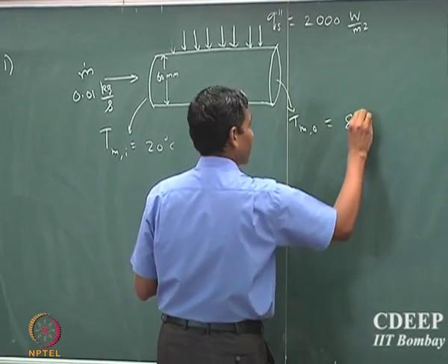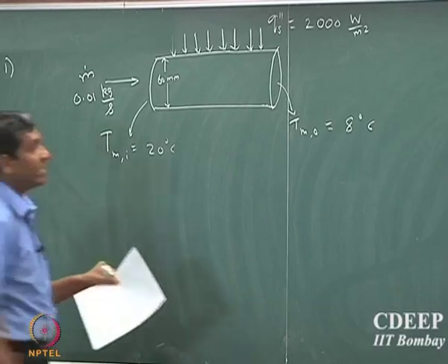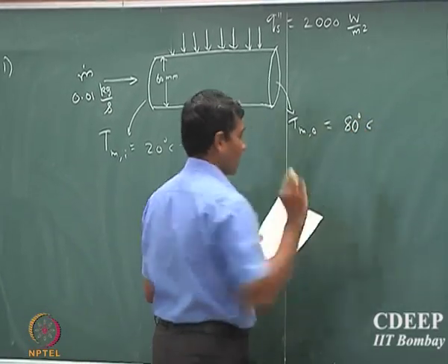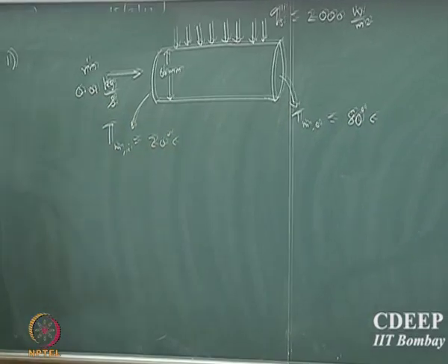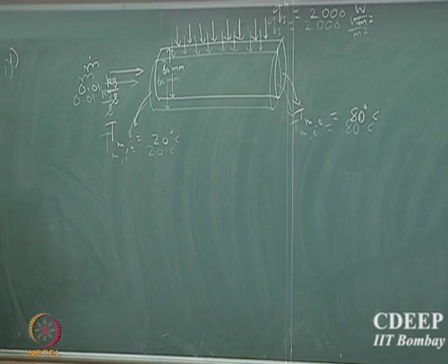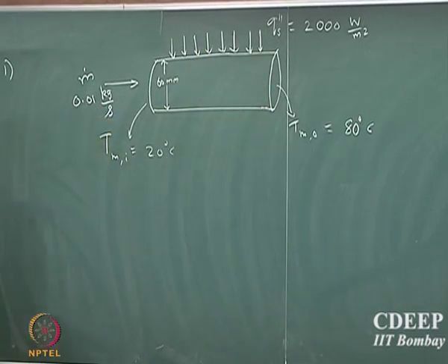The mixing cup temperature at the exit of the tube is 80 degrees C. So obviously you could imagine that the fluid is being heated up as it goes through the tube, taking up heat from the fluid which is present around it.